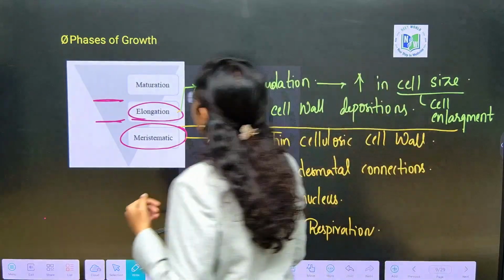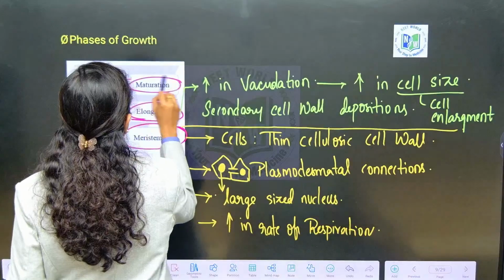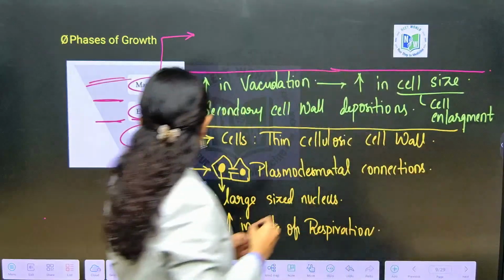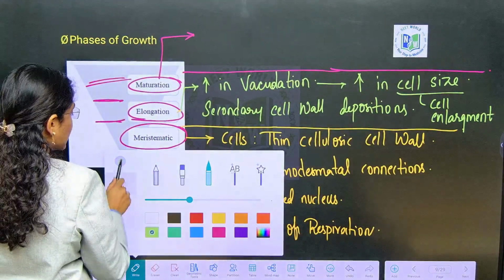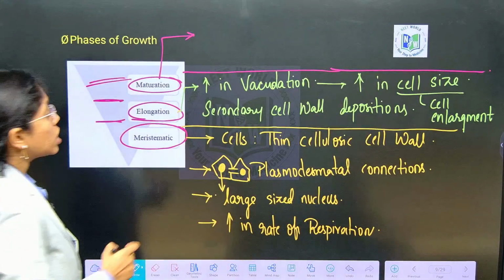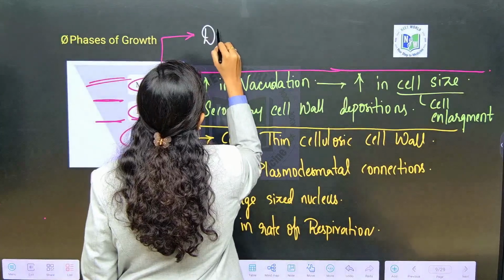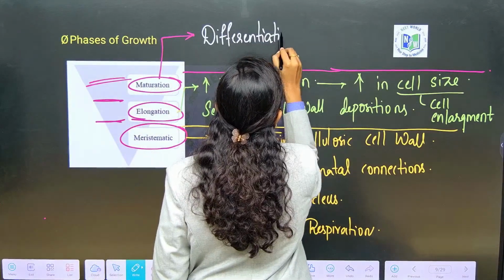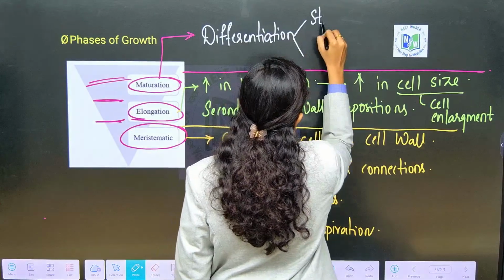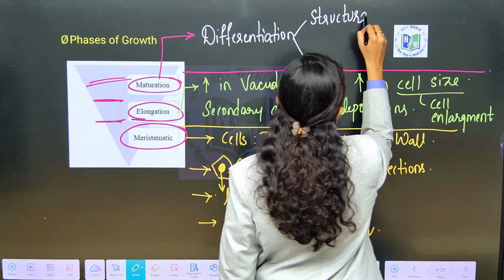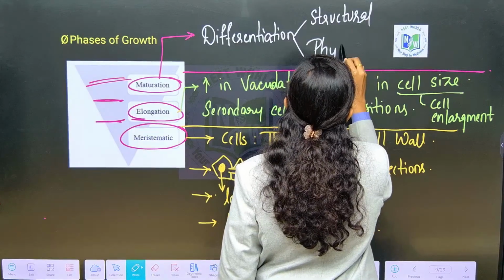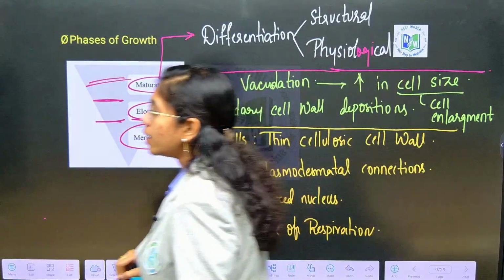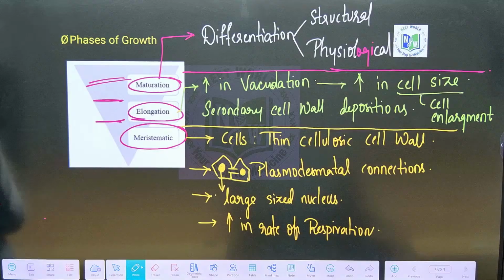Fine, right? And in the maturation zone, cells undergo differentiation, both structural and physiological differentiation. Clear? Any doubts anywhere? Clear till here?